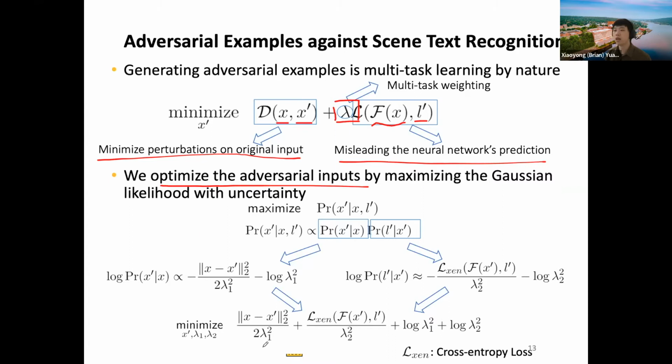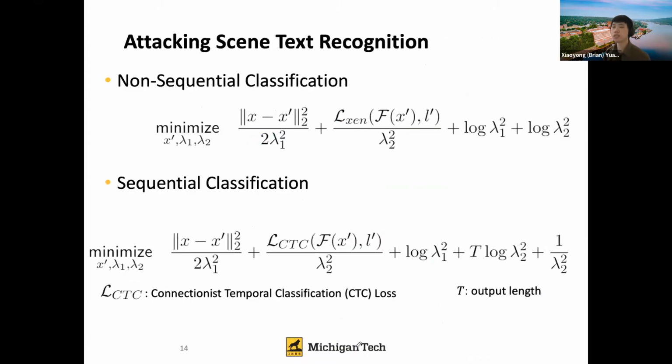Actually, we can optimize this lambda as part of the total optimization process. Also, since the syntax recognition task is a sequential classification task, we also include a CTC loss in our objective function. But I will not go into the details about that.